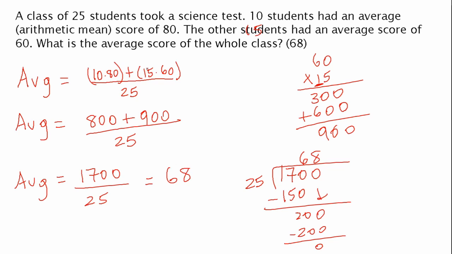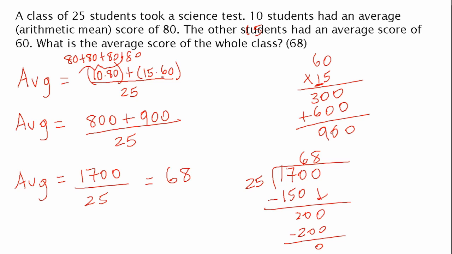Now, just to point this out, this kind of looks like this. Just take 80 and add it 10 times. That's what that would look like. So it is the same as doing an average. Instead of adding 80 10 times, you're just doing multiplication and leaving it at that.